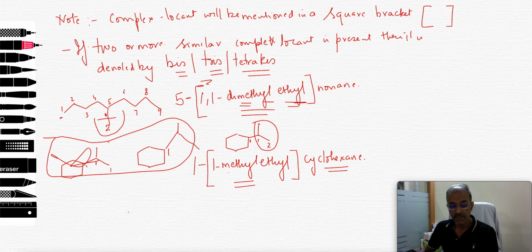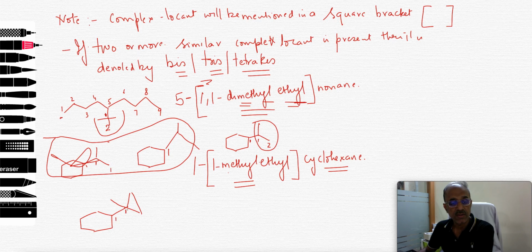We will see one more example. Fine. Now this will be 1, this will be 1, this is a complex.